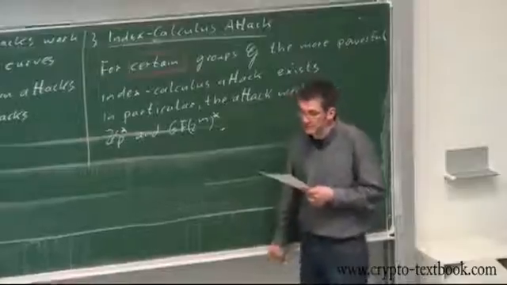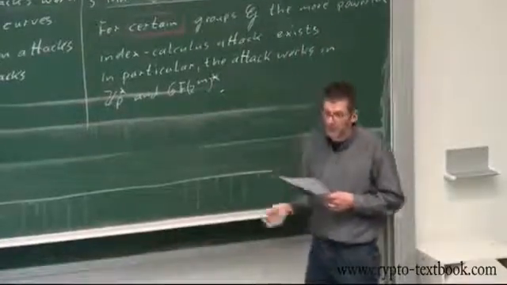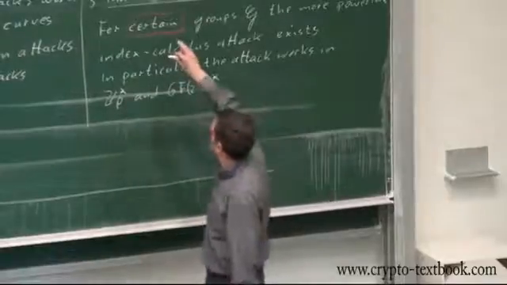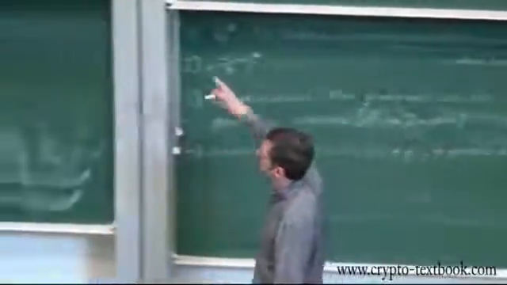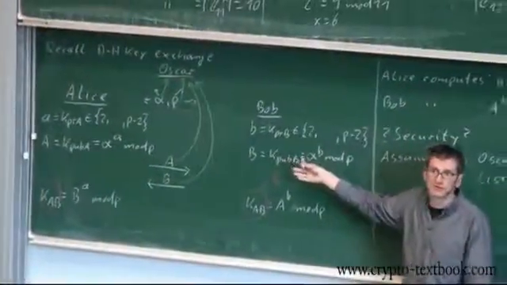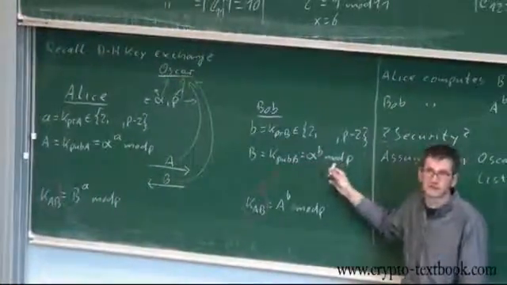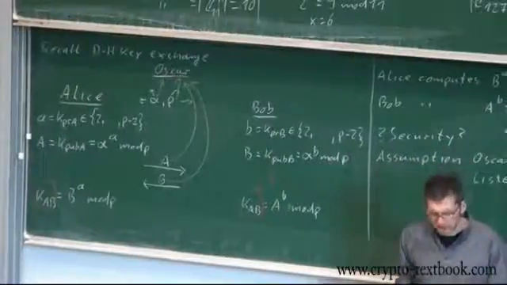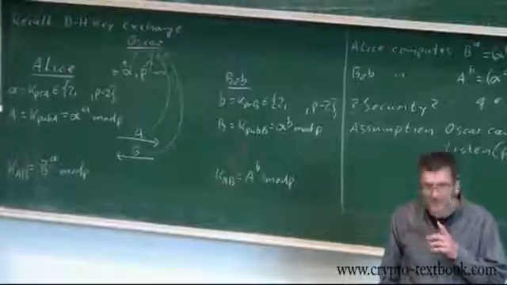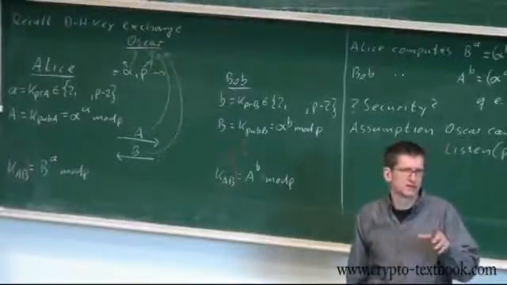What does this mean? We have a more powerful attack. For instance, you can do this protocol with 160-bit numbers, and people did that actually. There was one commercial product, I think by DEC, the old computer company.